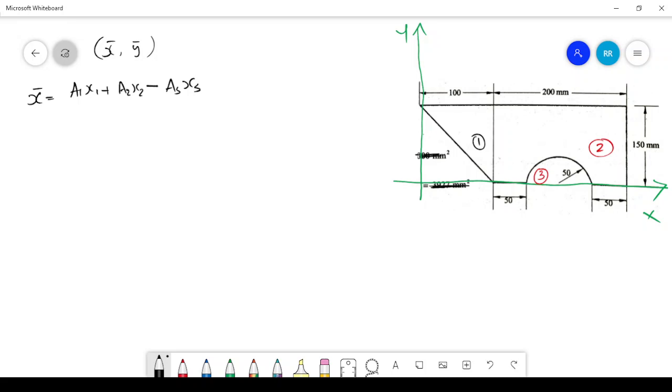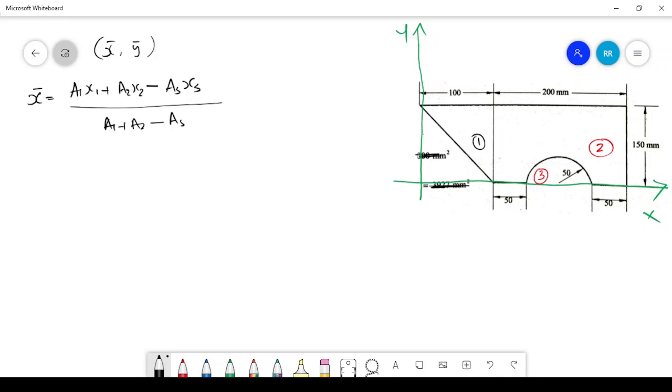We need to remove that semicircle from the total triangle plus rectangle, divided by the same thing at the bottom, a1 plus a2 minus a3. This will be our formula, which is applicable in the case of y bar also.